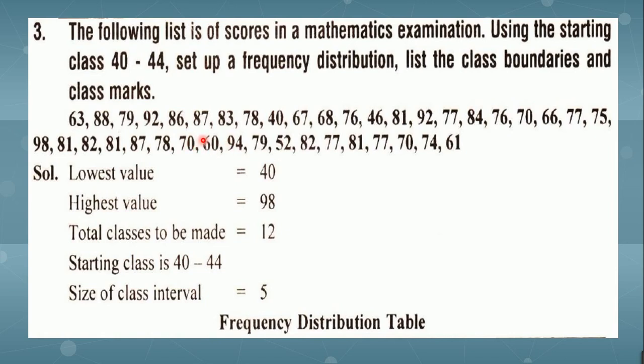The given data is representing the scores in mathematics examination. Now from this given data you can see the lowest value is 40 and the highest value is 98. Now look at this class interval given in the question, 40 to 44.